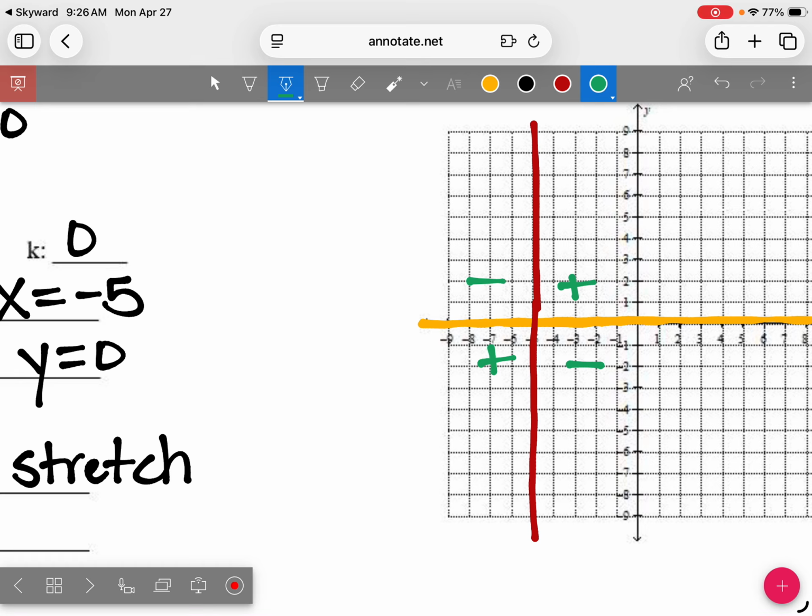Where am I graphing this time? What does the A value tell us to do? Do we graph where it's positive or do we graph where it is negative? Negative, because it reflected. So what I like to do, which is optional, I'm going to just color in this part because I don't want to accidentally put something over here.